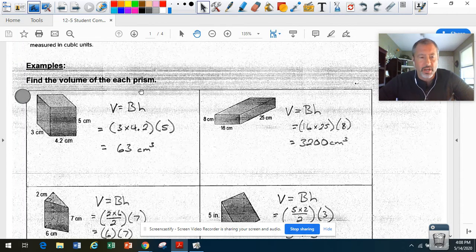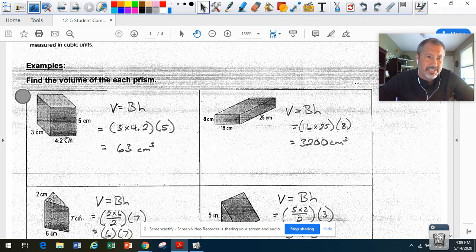But just to show you what I mean, V equals big B times H. We could say, hey, this here is my big B if you wanted to. You could say 4.2 times 5, get that answer, and then multiply it times 3. With this one, you can make it a little bit different. You'll still get this same answer.